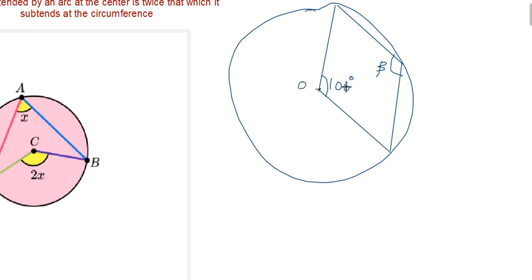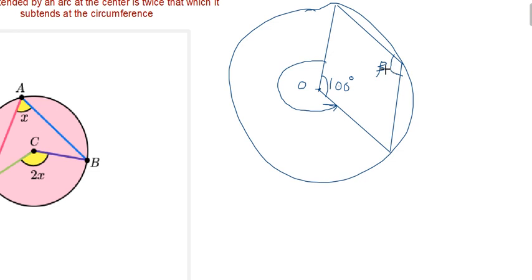To calculate the value of beta, we need to identify the angle at the center and the angle at the circumference. This is the center. This 100 degrees is not directly related to beta. The angle at the center that is related to beta is this reflex angle here.